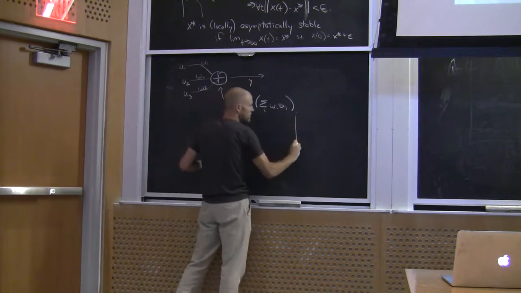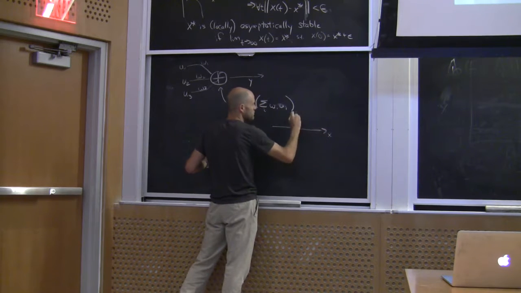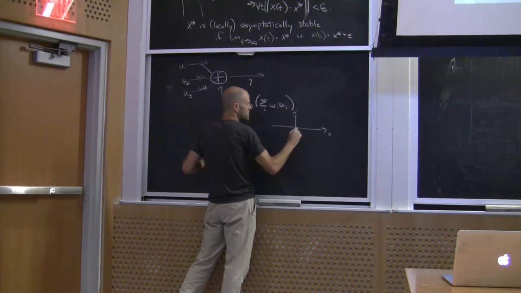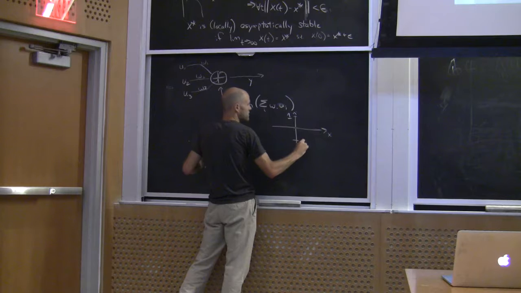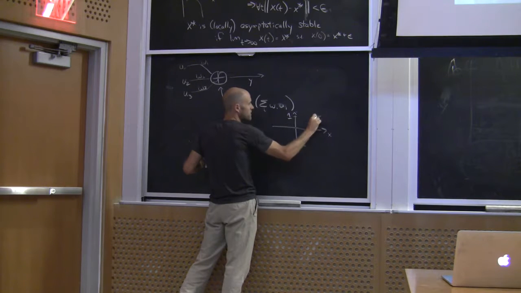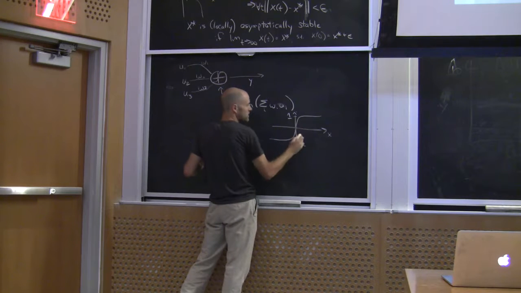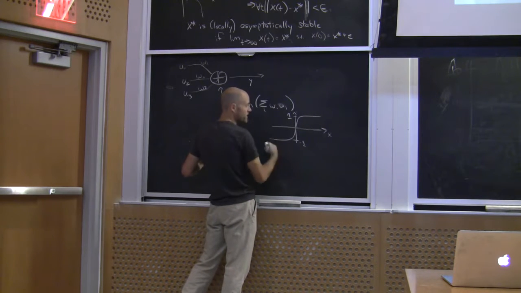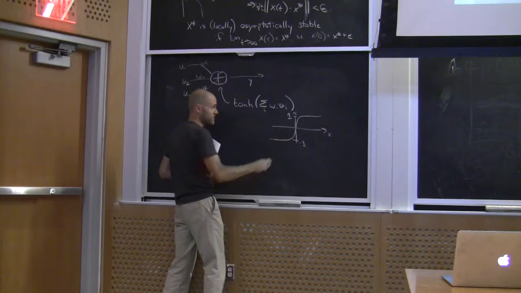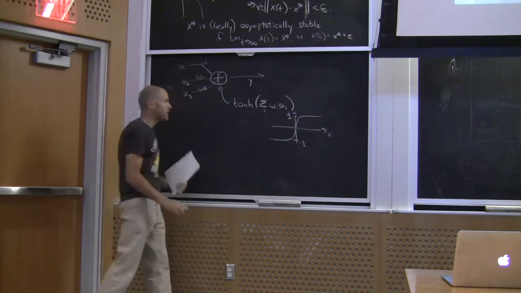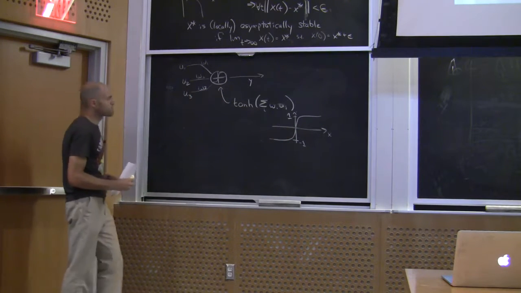Tanh, if you don't know, is this nice function that goes like this. It's a sigmoidal function that rails itself at +1 and -1, okay? And has slope 1 at the origin conveniently, okay?